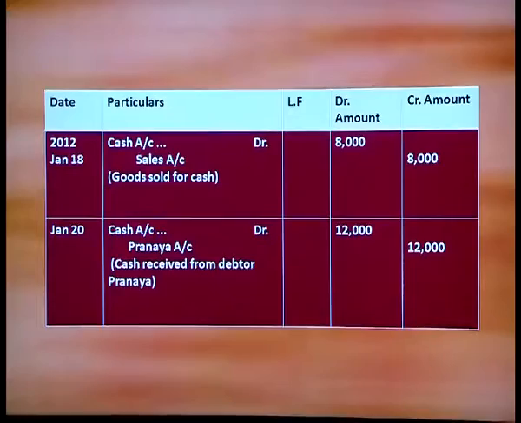So, Pranaya's account is credited. In the form of journal, when we write, this is the format. Cash account debit to sales, narration goods sold for cash, cash account debit to Pranaya, cash received from debtor Pranaya. Amount in the amount column and date in the date column.